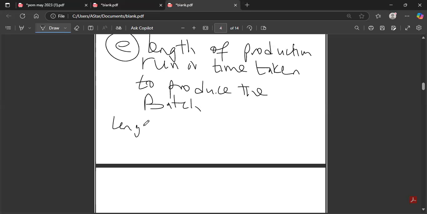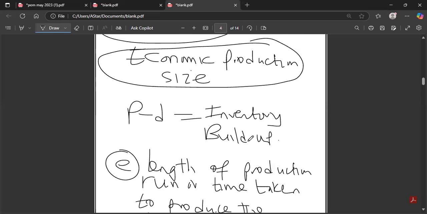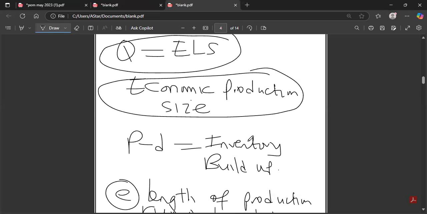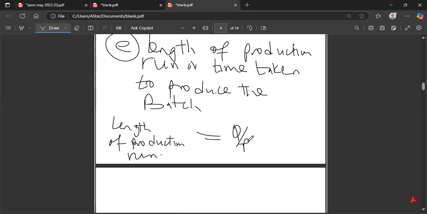So length of production run is equal to Q over P. Are we together? Yes, we are.